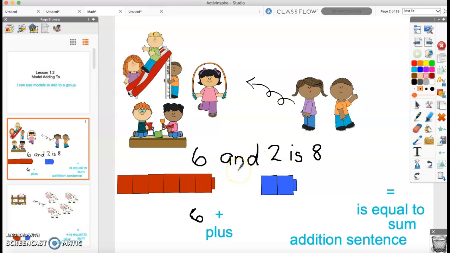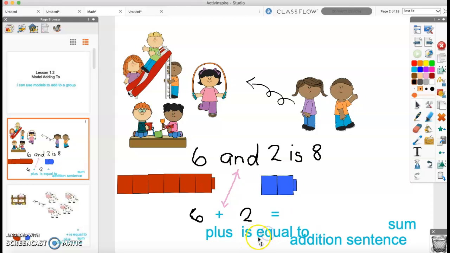So 6 plus, and then I look over and I see that I have 2 kids. So 6 plus 2, and then I want to know what 6 plus 2 is, so I would say equals.